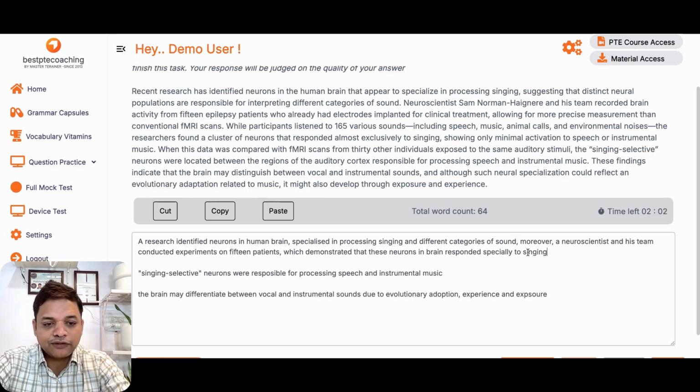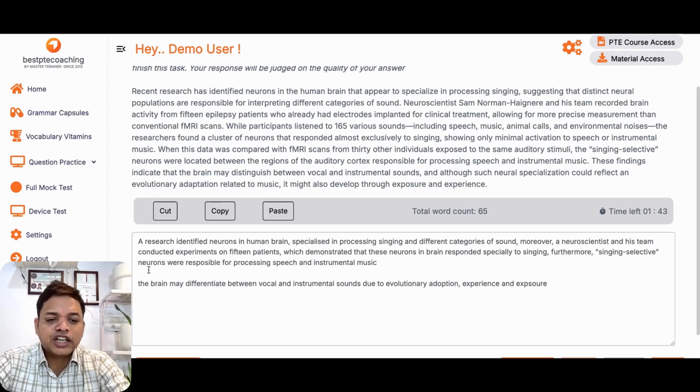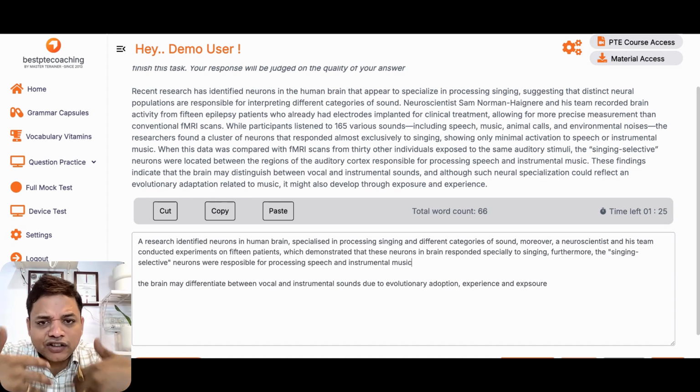Now, after this we have to connect this sentence with this sentence. Now we will see whether the flow is the same or not. Singing selective neurons responsible for speech and instrumental music. Okay, it is same flow. Therefore, I use furthermore. Singing selective neurons, otherwise the article is missing. The singing selective neurons were responsible for processing speech and instrumental music. Furthermore, it is an addition to what the discussion is already happening.